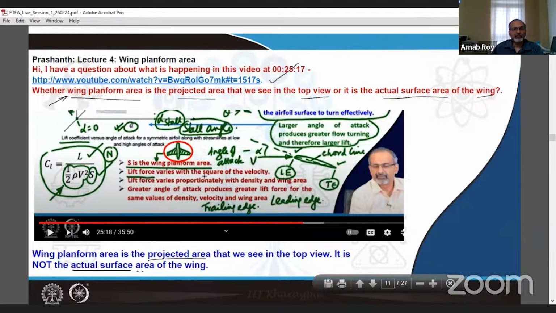It's not the actual surface area, though for thin surfaces, there may not be a very dramatic difference between the two, as long as they are not massively curved. But by definition, always keep in mind that we talk about the projected area only. So this is the one which we have meant.